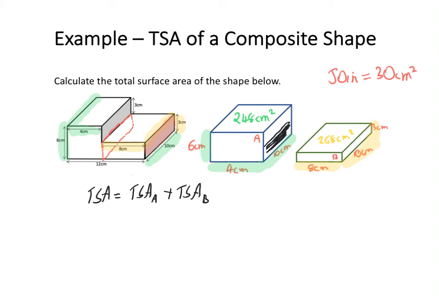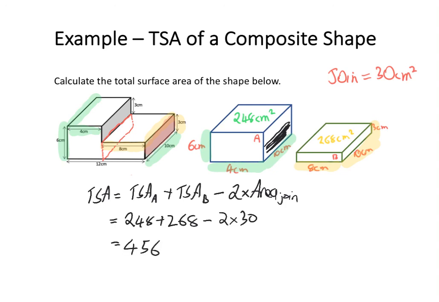So we need to subtract 2 times the area of the join. So substituting in the values, it is going to be 248 plus 268 minus 2 times 30, which equals 456 centimeters squared. So the total surface area of the composite shape is 456 centimeters squared.